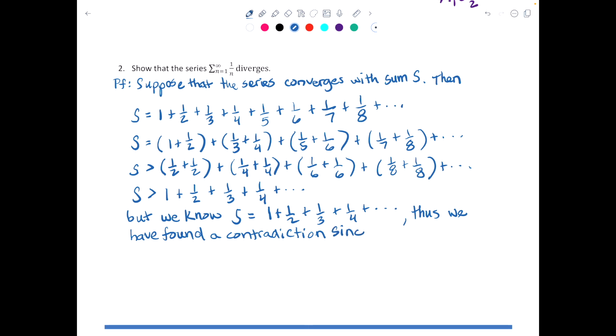Because why? S is not greater than S, right? So, hence, the summation from n equals 1 to infinity of 1 over n diverges. Pretty cool little proof, right? I like that one. Easy to follow, easy to see.